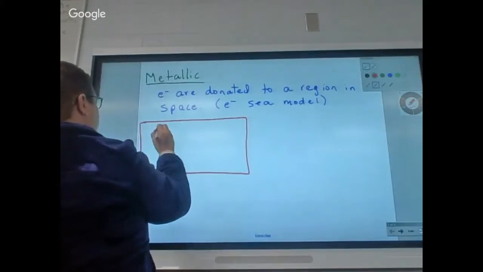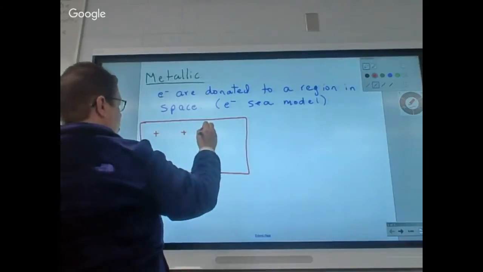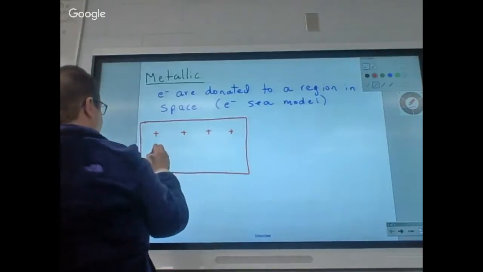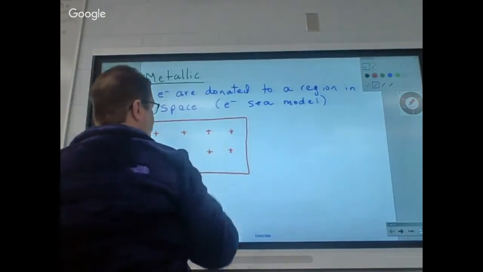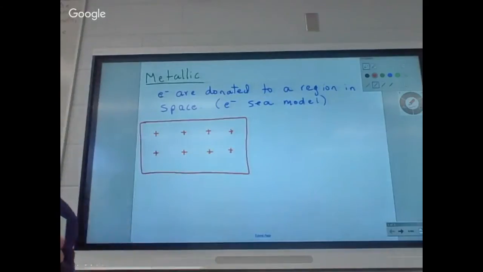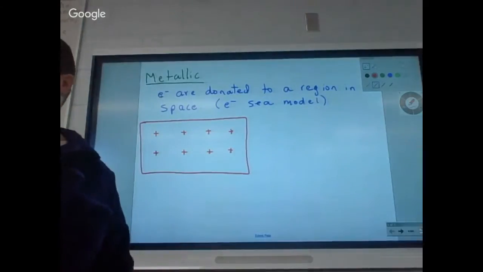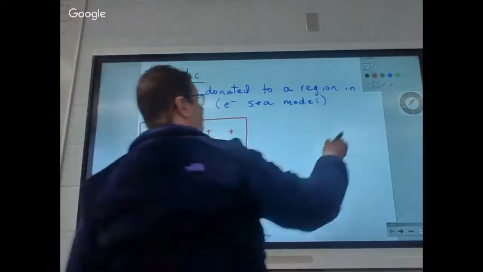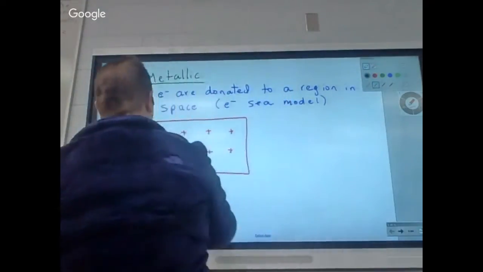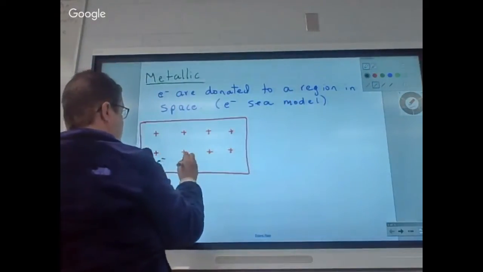I want you to envision a whole bunch of nuclei. We know that in an atom, nuclei are surrounded by what? What surrounds the nucleus of an atom? Electrons, right? So around every nucleus, there are electrons.